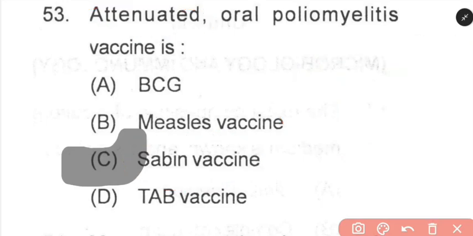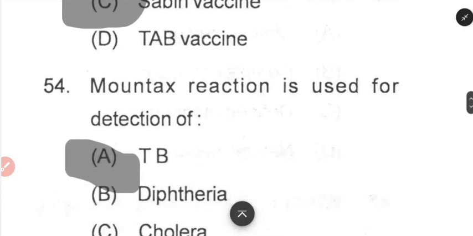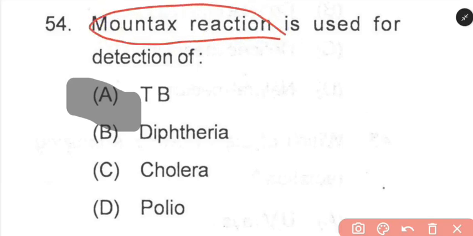That's why they are called attenuated vaccines or oral poliomyelitis vaccines, and these are Sabin vaccines. Then the Mantoux reaction is used for detection of what? We use the Mantoux reaction to recognize the presence of TB.